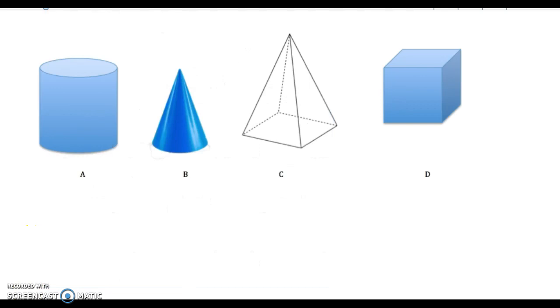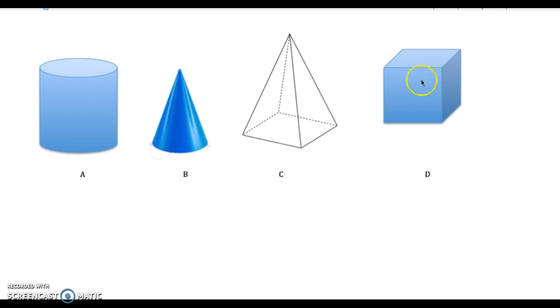Alright, we also have some other 3D objects, and they also have a special name. So we have object D over here, and it is a special rectangular prism that has all of the edges the same length. So they're all the same, the faces are all the same.